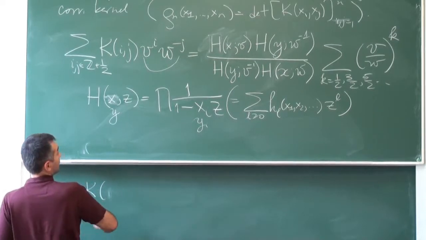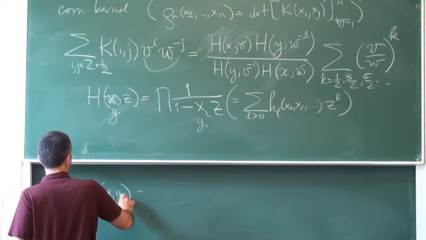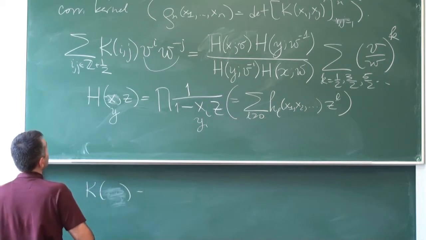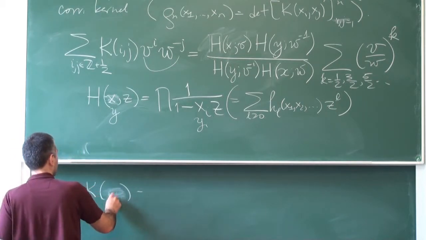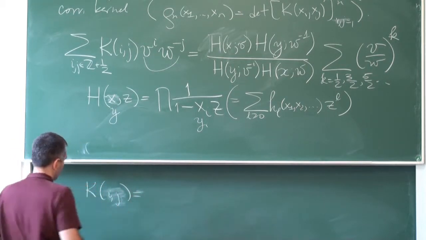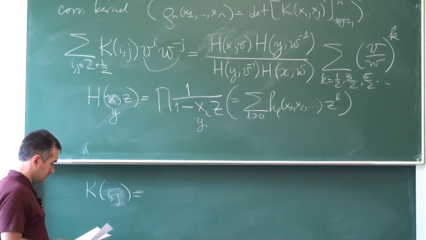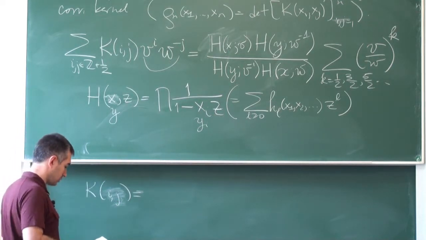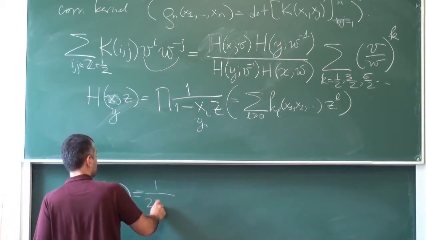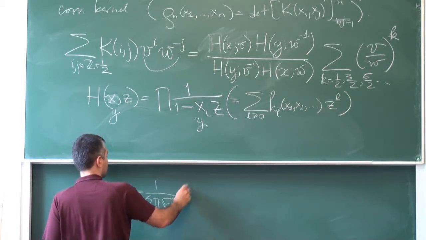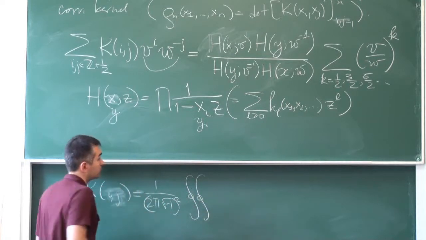So let me shift. Well, x and y are bad letters. Okay, i and j is fine. So if I go with i and j, then I'll just write it in the form 1 over (2 pi square root of minus 1) squared, double contour integral.